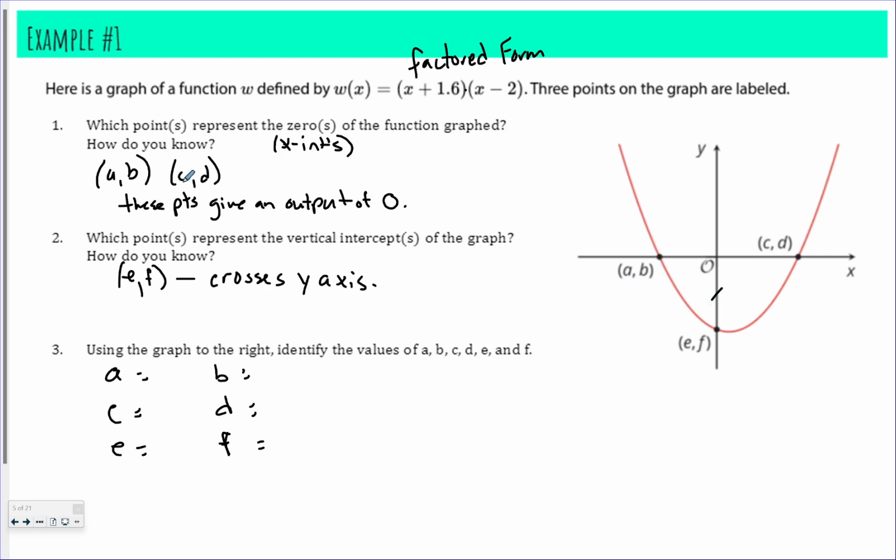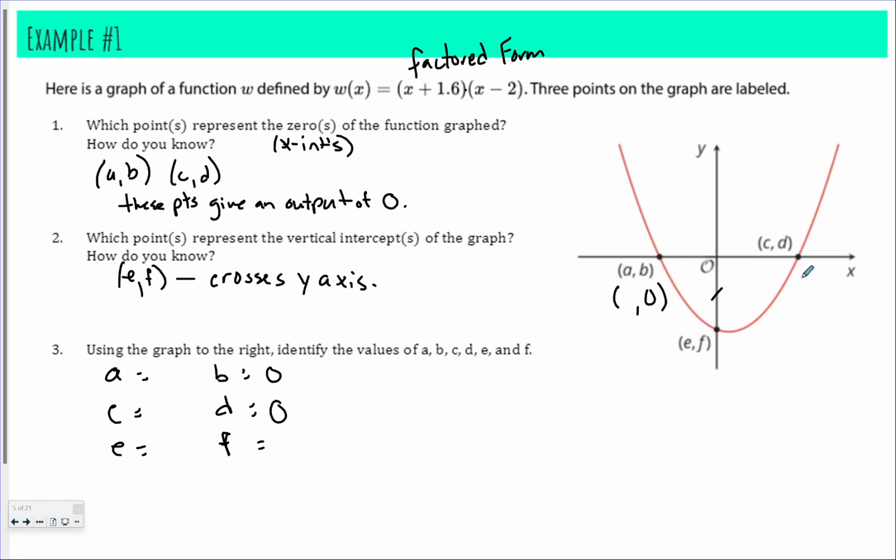Now we know that these zeros give an output of 0, right? So which part of the coordinate is going to have an output of 0? So the output is always the y-coordinate, right? Which is always the second number in the ordered pair. So B and D must both be 0 because these points have to be something, comma 0.